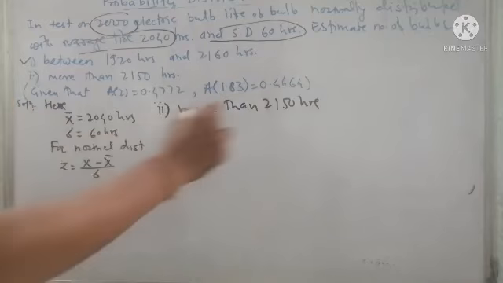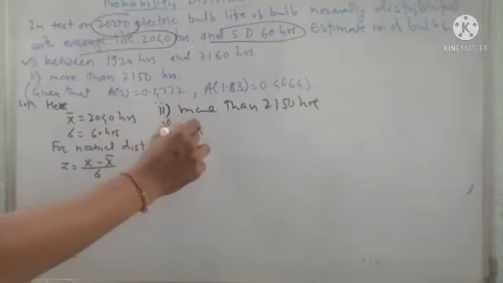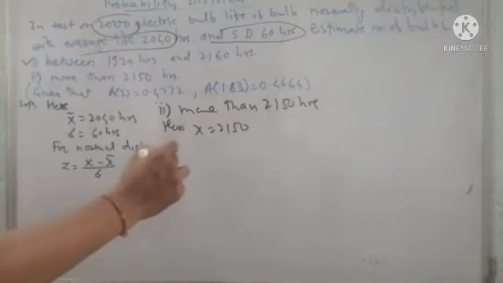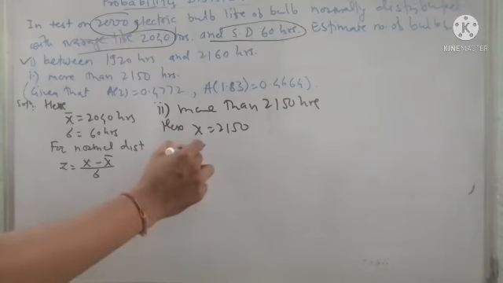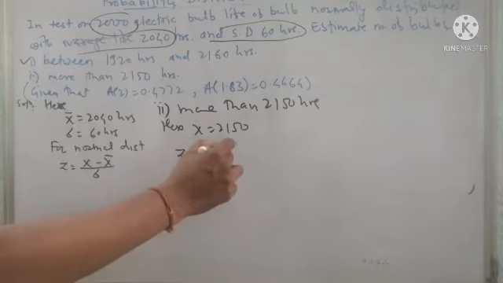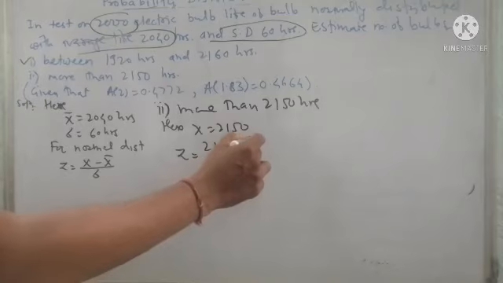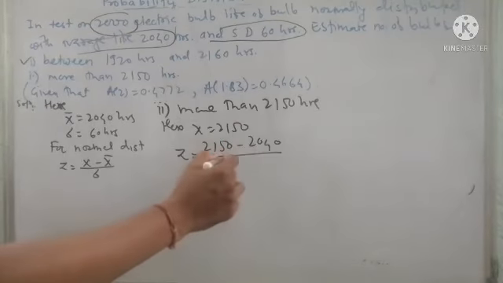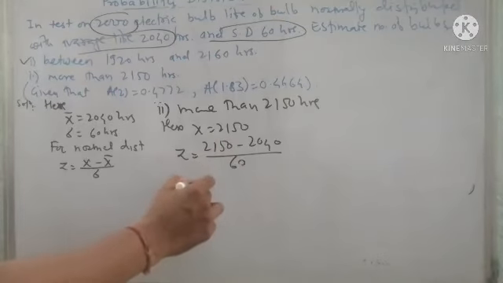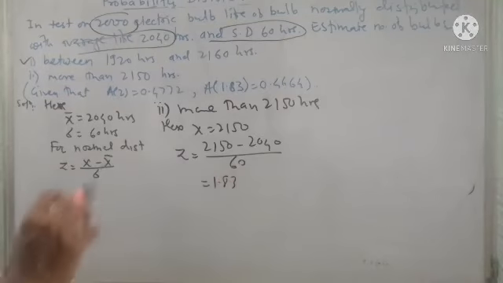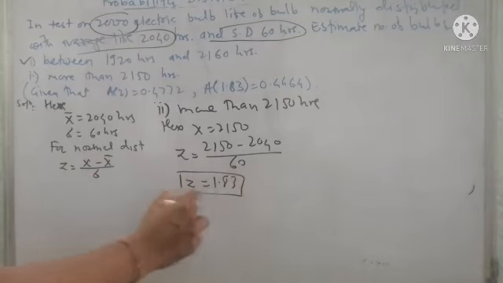Now, for bulbs with life more than 2150 hours, the random variable x is 2150. The corresponding normal variable z is found by putting x as 2150 in the formula, where x bar is 2040 divided by sigma 60, which gives 1.83.